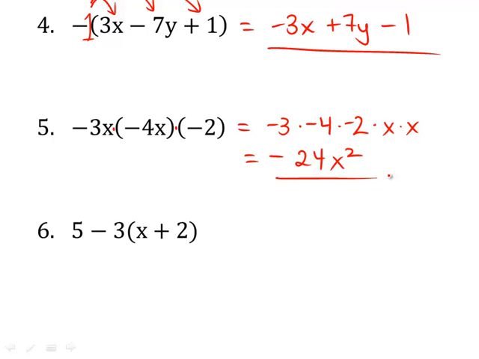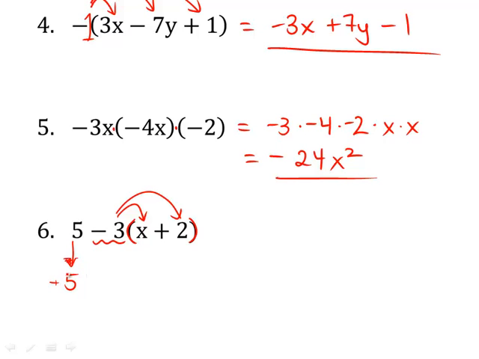Number 6. Let's take the distributive property again. Because of these brackets, we need to get rid of those brackets. So you've got negative 3 times x and negative 3 times positive 2. Remember to take that negative and keep it with the 3. The 5 is separate.